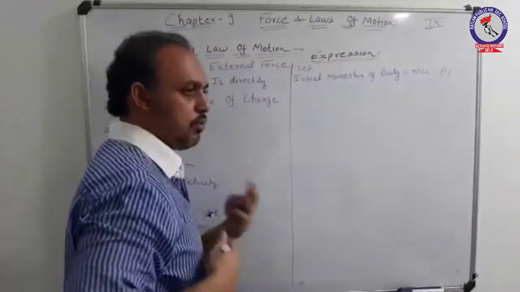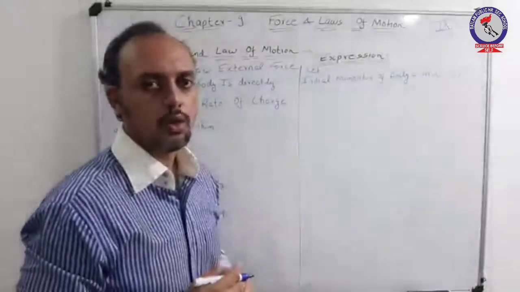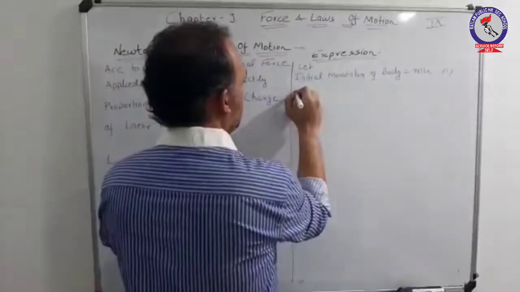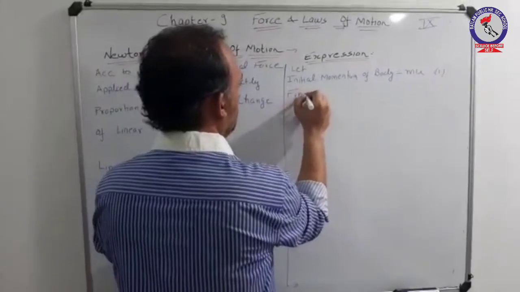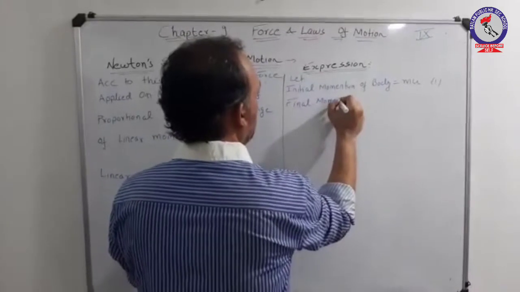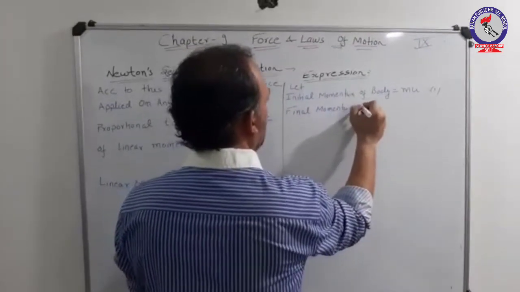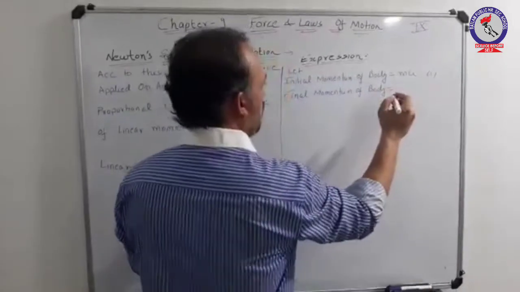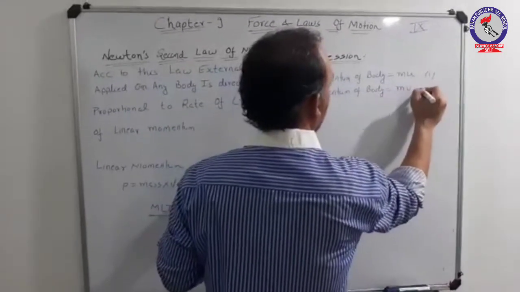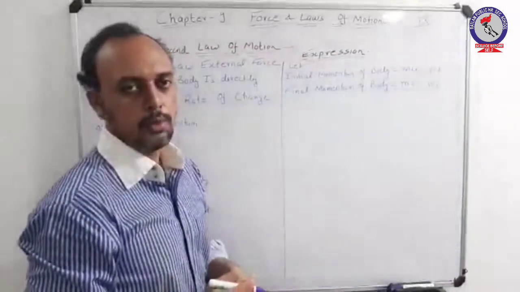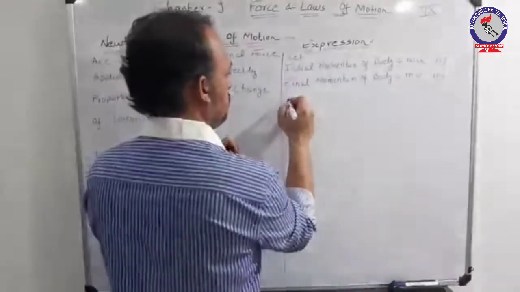After some time, if you have applied a certain force on any body, the velocity of the body increases. Therefore, the final momentum of the body is mv. Let this be equation number 2, where v represents the final velocity.